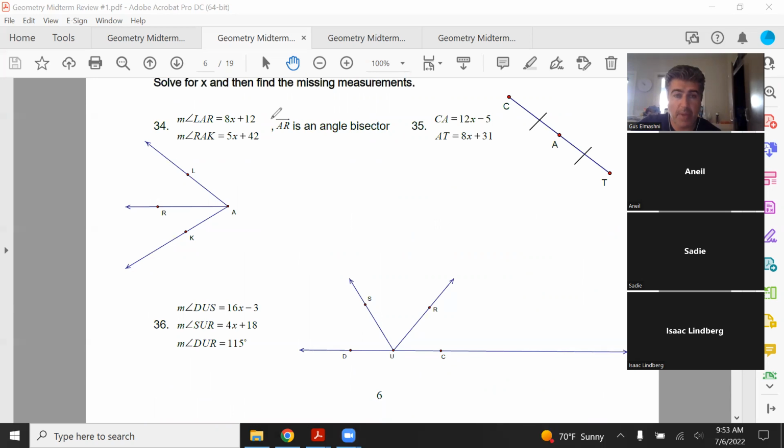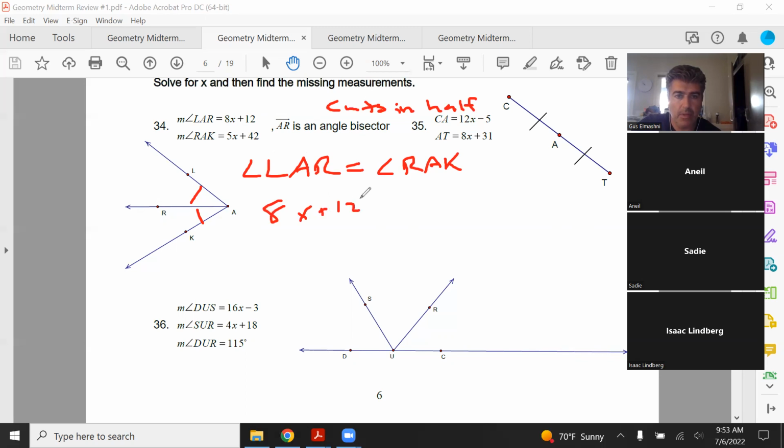Angle AR is an angle bisector, so it means it cuts it in half. So it means that angle LAR has to equal angle RAK, because that's what an angle bisector does, it cuts in half. So 8x plus 12 will equal 5x plus 42, because they're going to equal each other, because it's cutting the big angle in half. 3x equals 30.